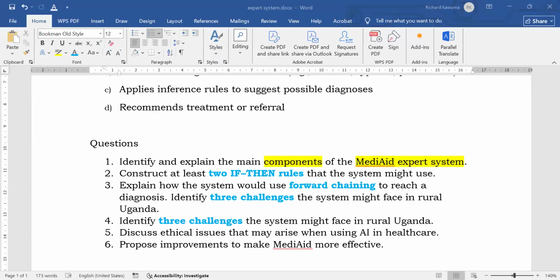I don't know if people are getting it. So now this knowledge base which you have created, if it is weak or if it is incomplete, then it means your system is going to be useless. People are going to come to your hospital in the village and they see no meaning to it. It doesn't help them.